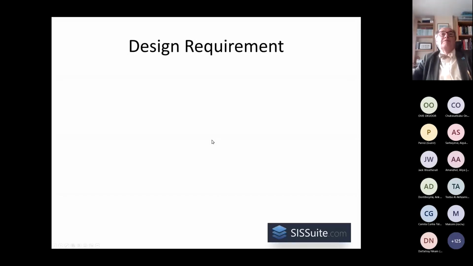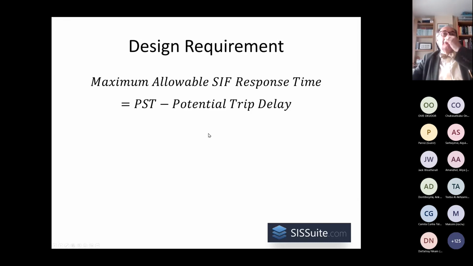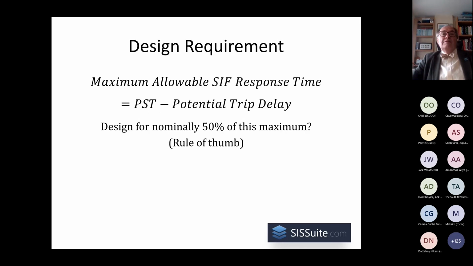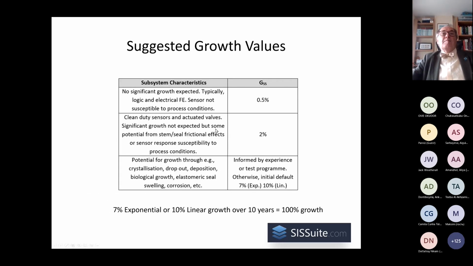Okay, you should be seeing the presentation again. There is our specification of the design requirement. And here are some suggested values for growth. So for the electrical type system, a nominal 0.5% per year, I'm suggesting as a suitable value.